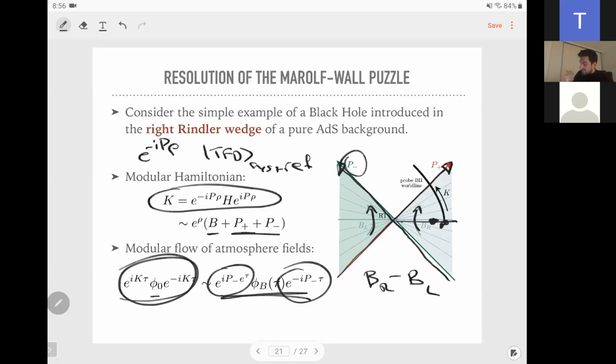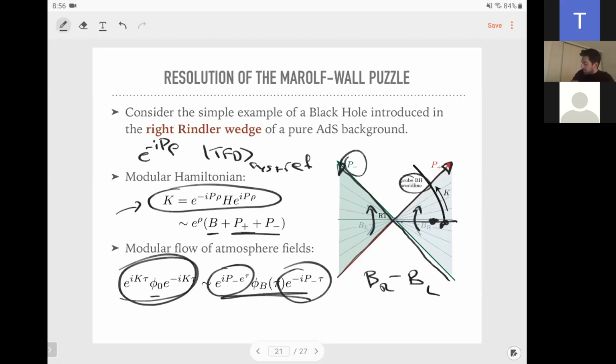So it is in this sense that the identification of modular flow with the proper time flow in the frame of the observer naturally resolves this puzzle about how I can receive signals from the left.